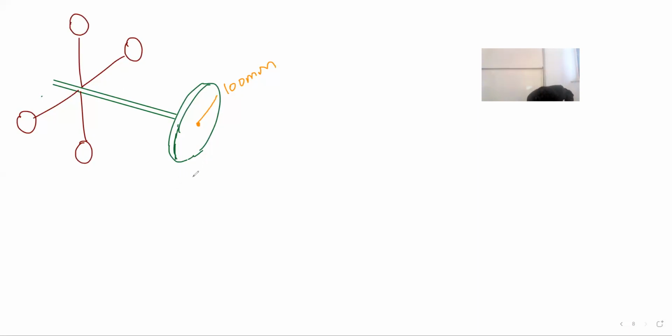Now the question says, if this rod is 400 millimeter, and each of these fellows is 3 kilogram, and the rods are 400, 400, 400, 400.